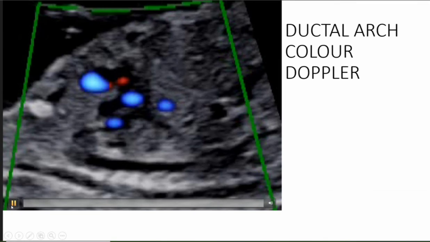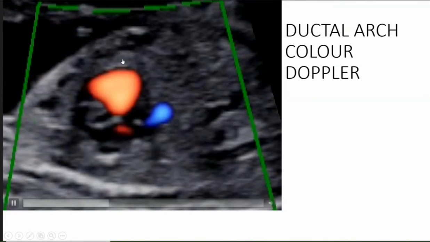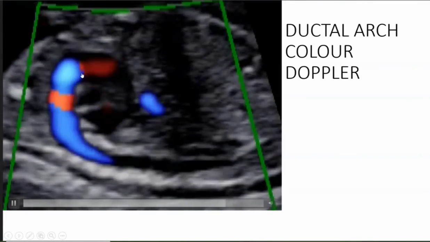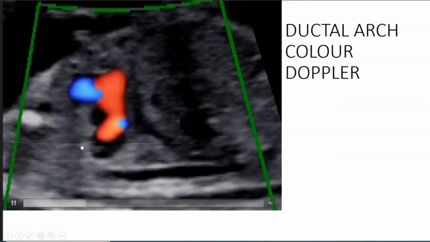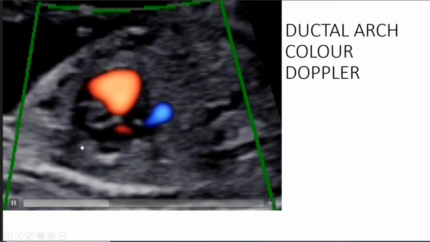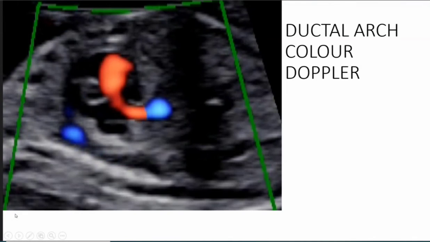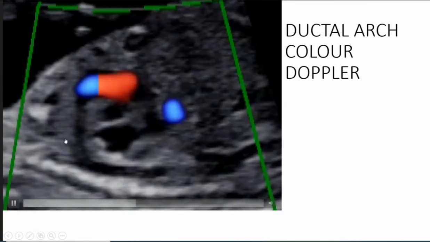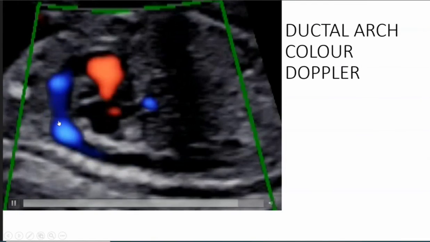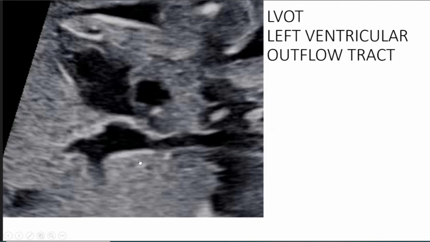Now I will show you the ductal arch view in color. This is the right ventricle, RVOT, pulmonary artery, ductus arteriosus, descending aorta, all put together. We have the ductal arch view, which has a wide arch, no branches, and resembles a hockey stick.